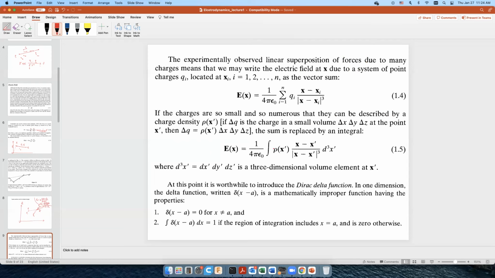So rho becomes the density, and it's a function of x. This time let's define x as x prime to distinguish the integral case and the point charge case.